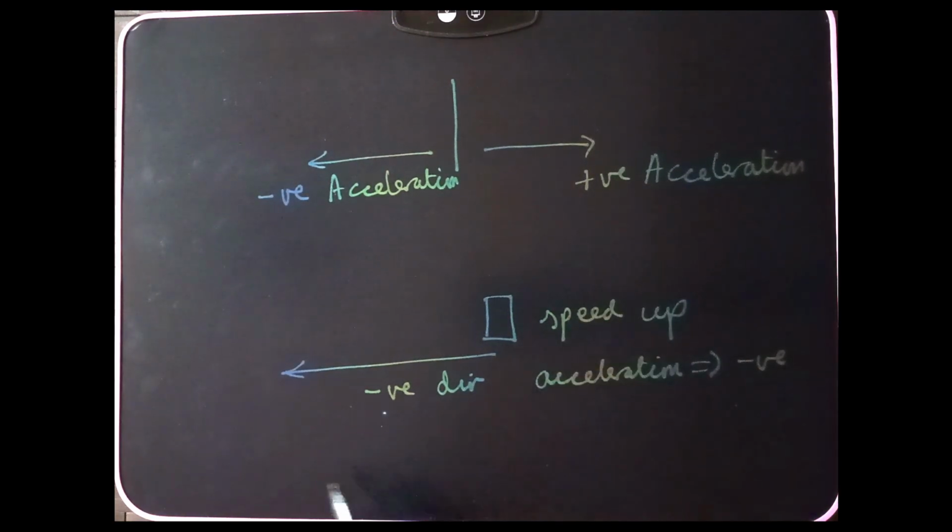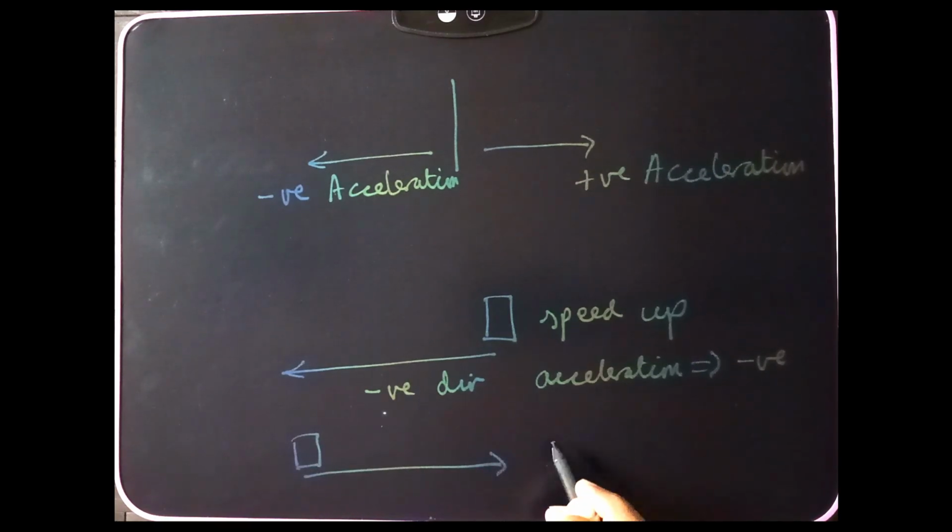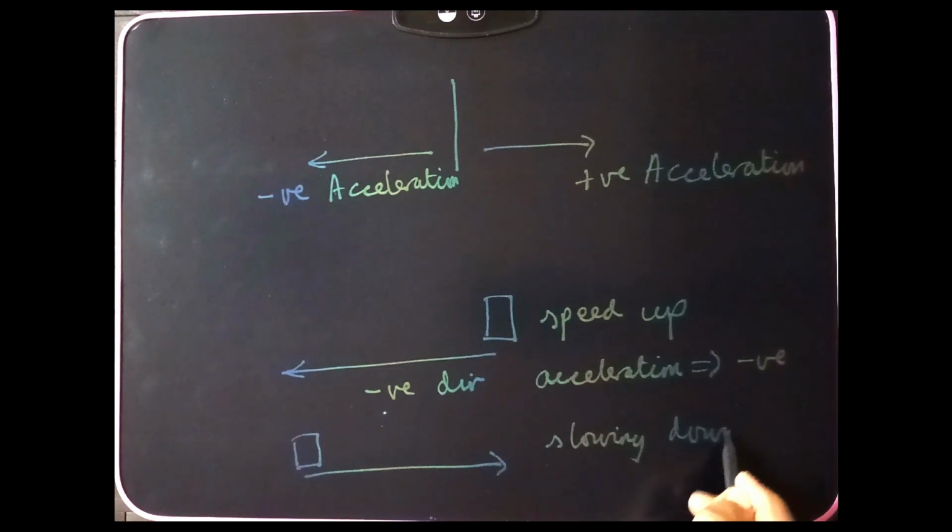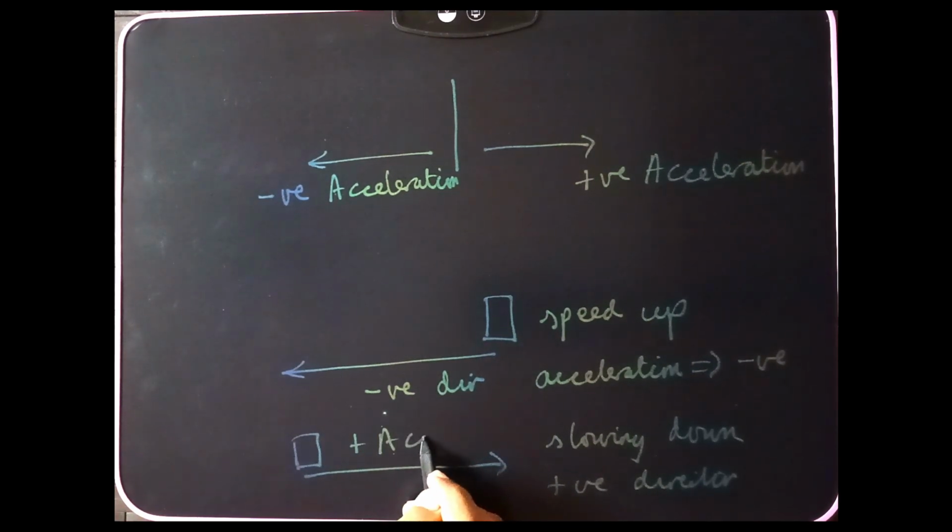Similarly, the object could be slowing down in the positive direction. So it's supposed to have positive acceleration. I hope this aspect of the concept is clear enough.